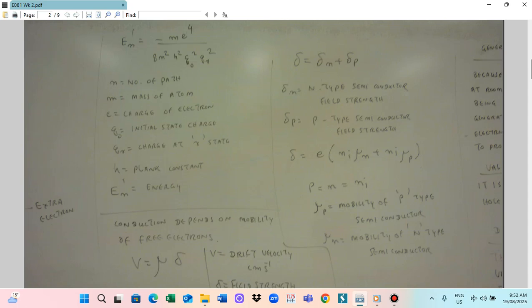Q means the charge at the initial state, and QR means the charge at the R state. This is the way we can write it out, and h is the Planck constant. So the energy possessed by the electron can be calculated; En is the electron energy.